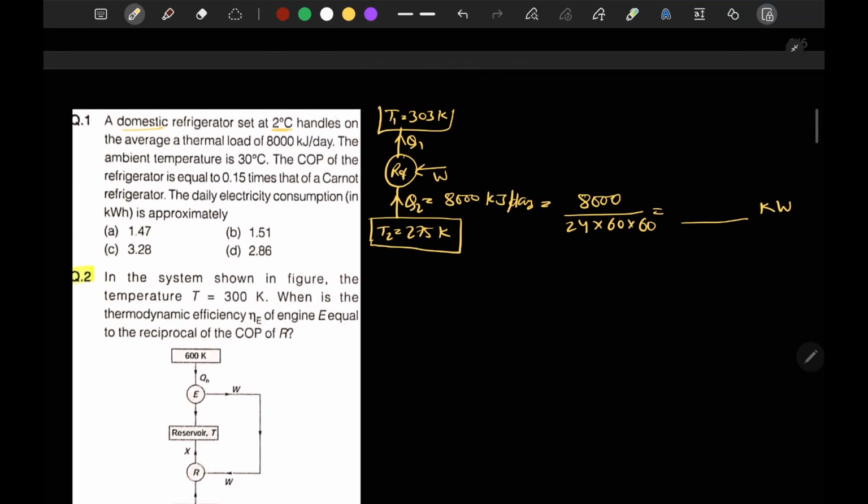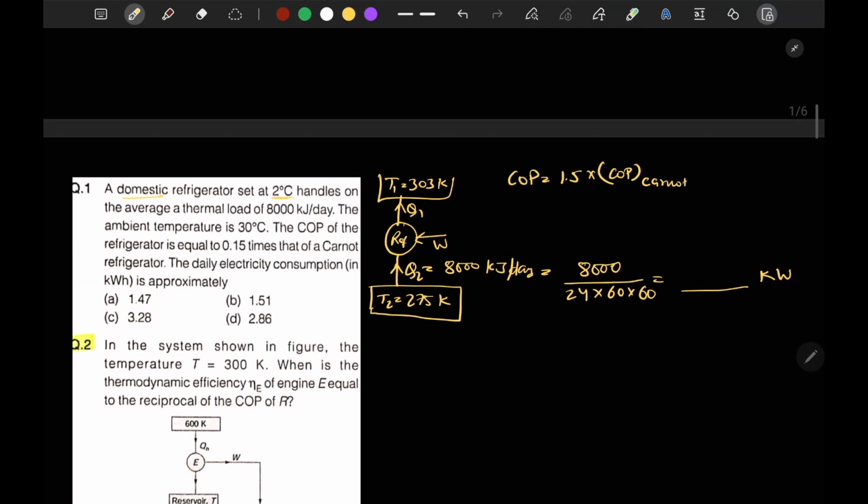Now it is given that COP is equal to 0.15 times COP Carnot, which is T2 upon T1 minus T2. Sorry, not 1.5, it is 0.15.